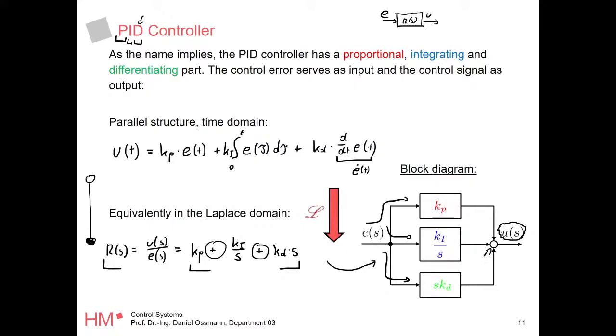And this is why this form of the PID controller is called parallel structure, because if you draw the block diagram, all these blocks are in parallel, like you know it from electrical engineering. Okay. So this parallel form is usually not really convenient to work with. This is why we are actually going to transform this into a single transfer function.